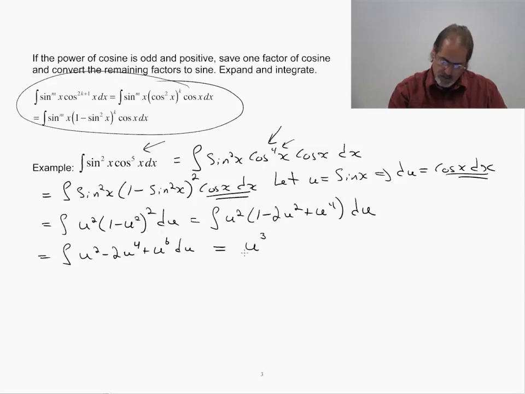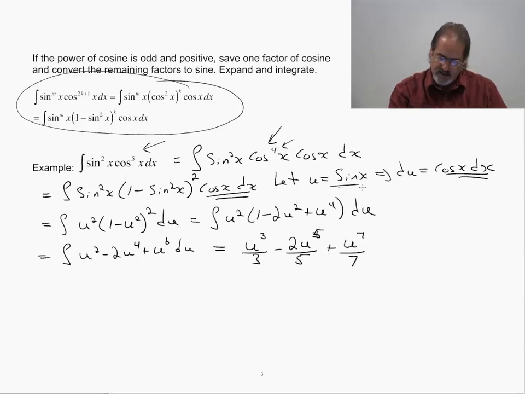u cubed over 3 minus 2u to the fifth over 5 plus u to the seventh over 7.